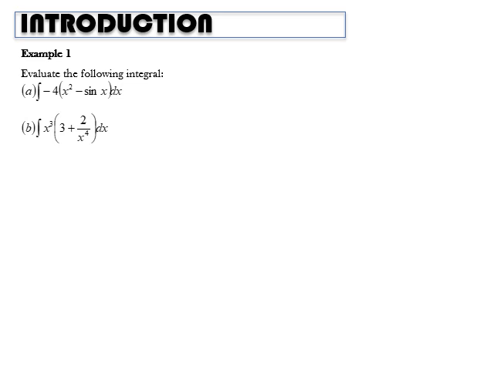So let us take a look at this example. First, a. Before we integrate, maybe we can expand it. So negative 4x squared plus 4 sin x dx.